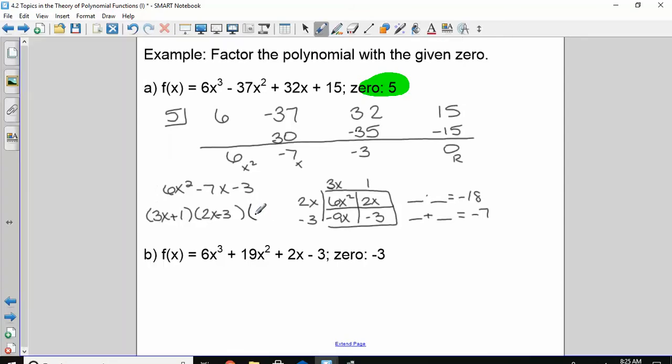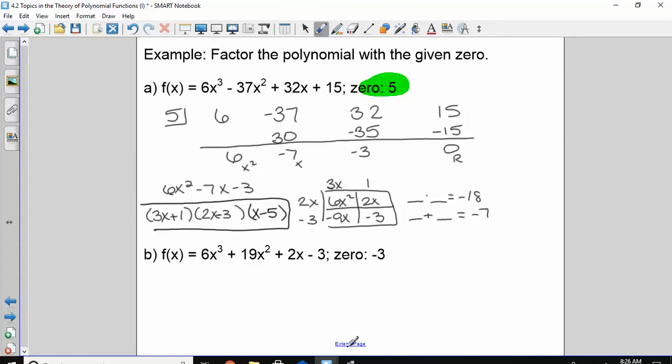You always do it the opposite, x minus that number, so it would be an x minus 5. And we just factored that cube. This is all we're doing, the last piece today, so we'll do 1 or 2 more of these for sure, until we've got it.